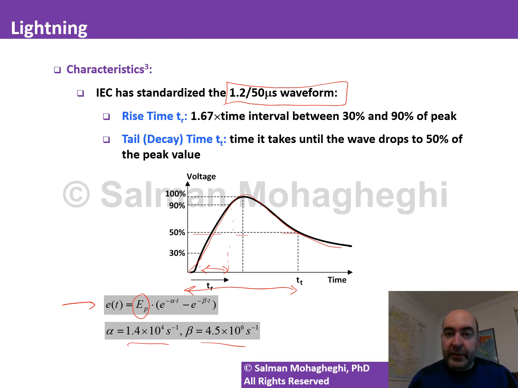It is possible that it is exposed to a lightning that has a shorter rise time or a longer decay time, and an equipment that has passed in the lab might fail out in the field. So that's something you have to keep in mind.